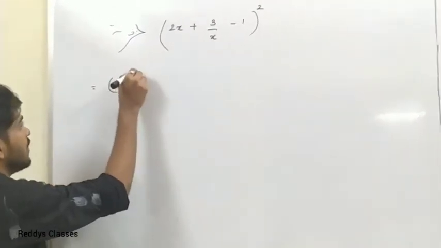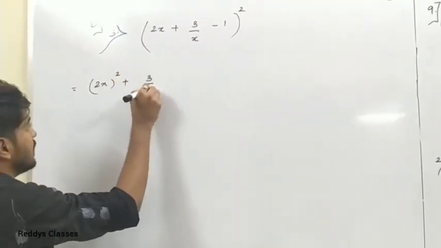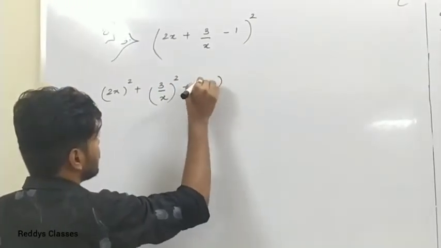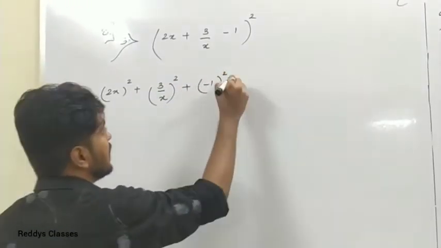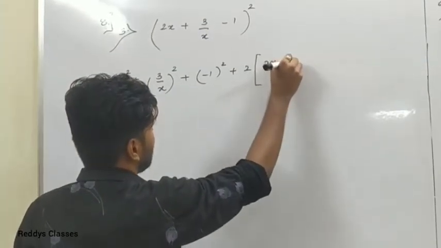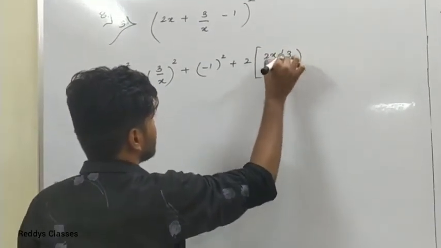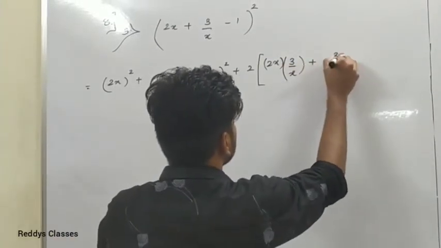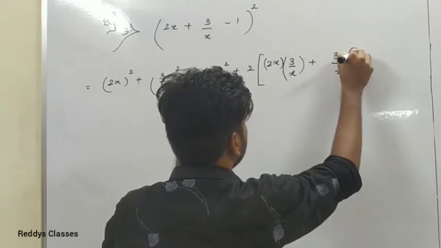2x square. A square plus B square plus C square plus 2 into AB plus BC.